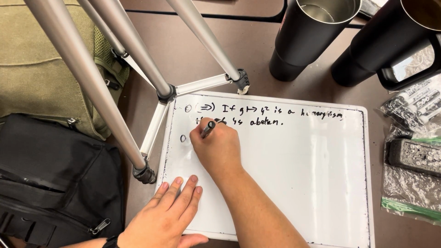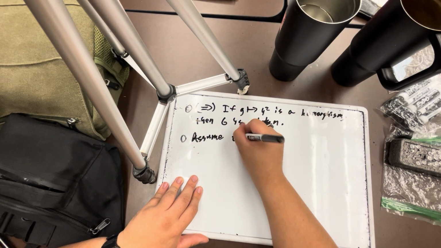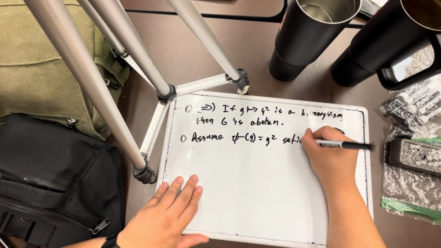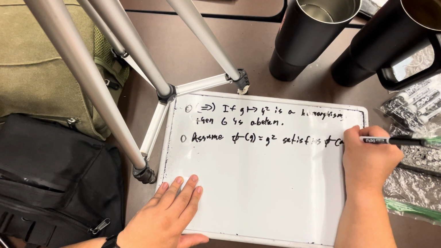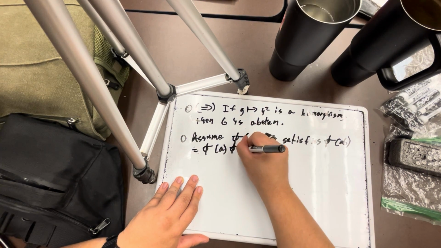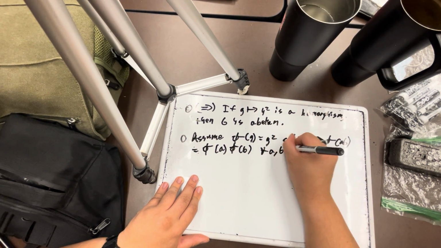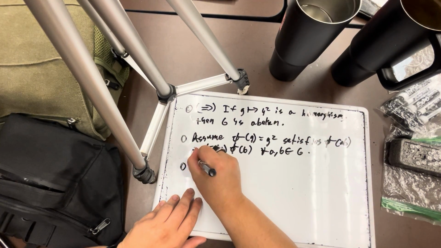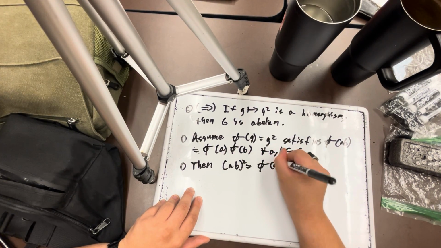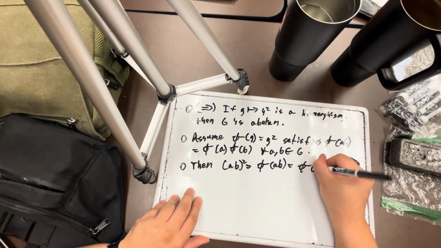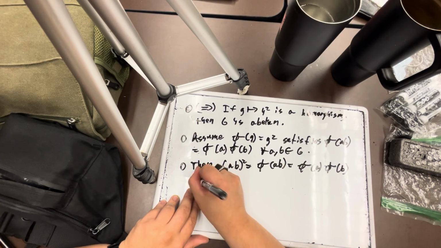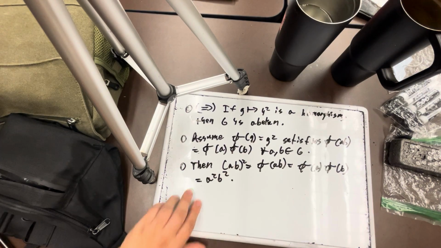Let's assume some function psi of g equal to g squared satisfies psi of ab is equal to psi of a times psi of b for all a, b within G. Then (ab)^2 is equal to psi of ab, which is equal to psi of a times psi of b, which is equal to a^2 times b^2.